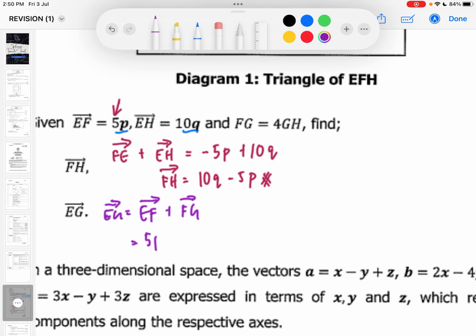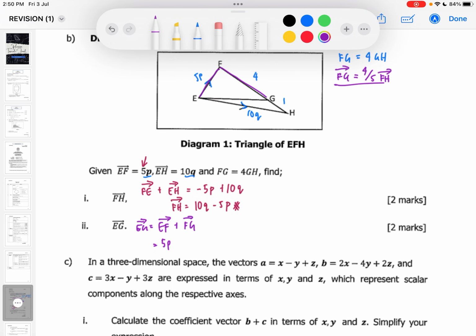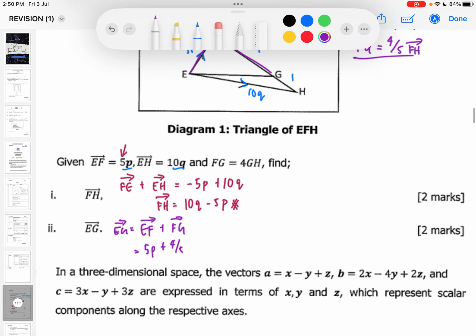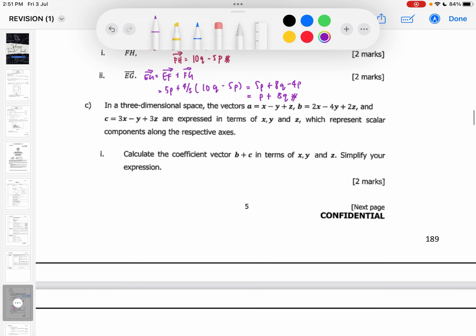EF would be 5p, and then FG would be 4/5 of FH, which is 10q minus 5p. So the answer would be 5p plus 8q minus 4p. So it is p plus 8q. Okay, that is the answer for B.